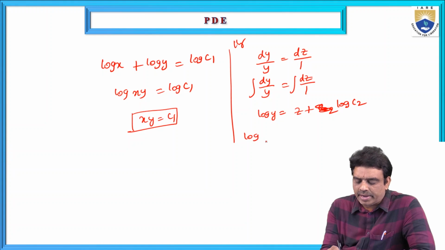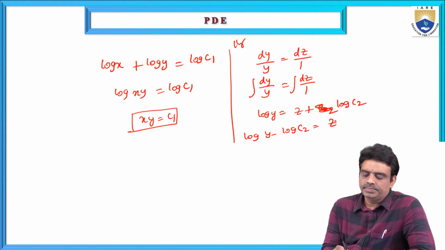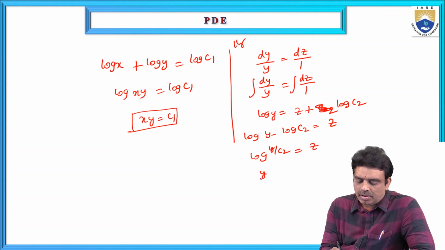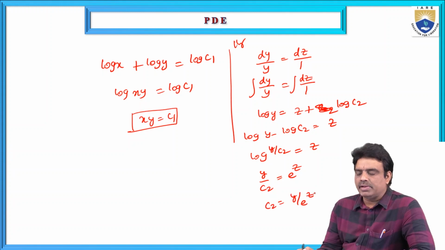So log y minus log c2 is equal to z, or log m minus log n, log m by n, is equal to z, or y by c2 is equal to e power z, or c2 is equal to y by e power z.